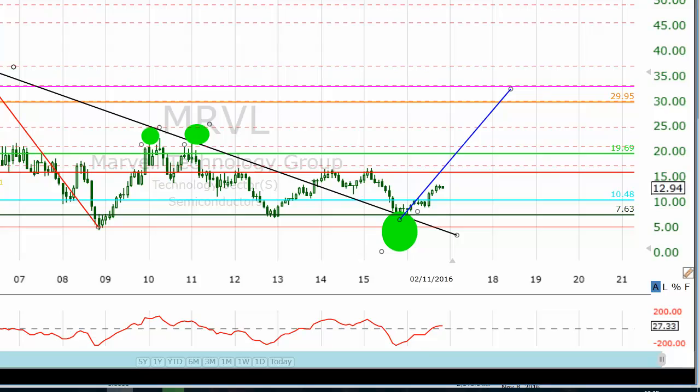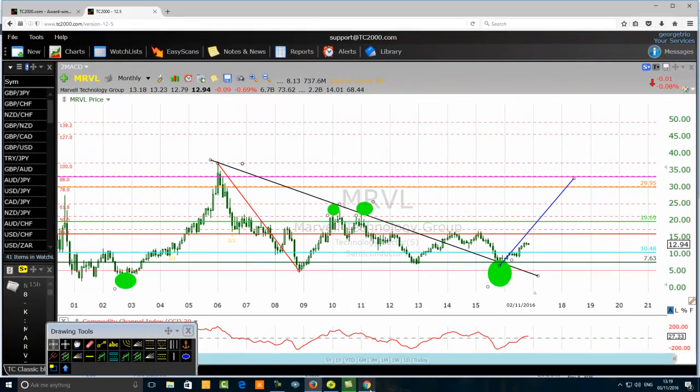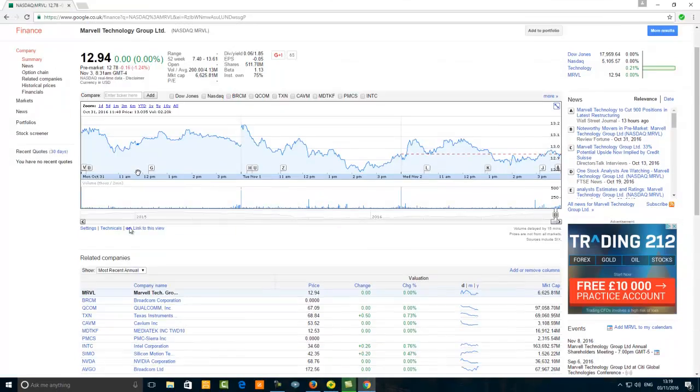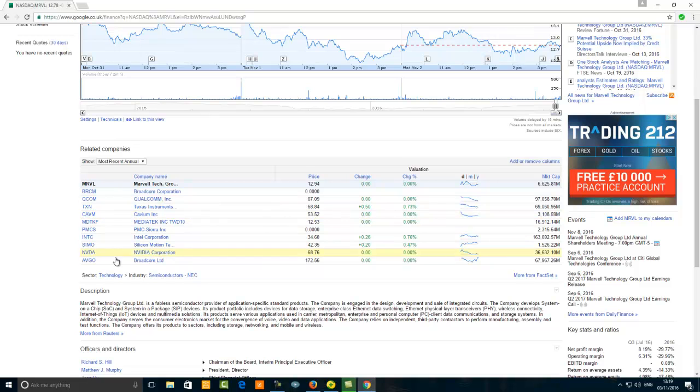We were talking about the competitors. If the competitors are nicking all the market, Marvell will be under pressure. There are other competitors doing exactly the same thing, creating similar products like Marvell.